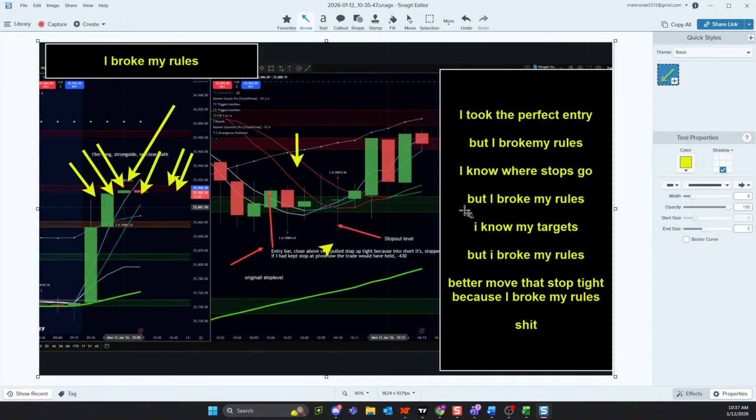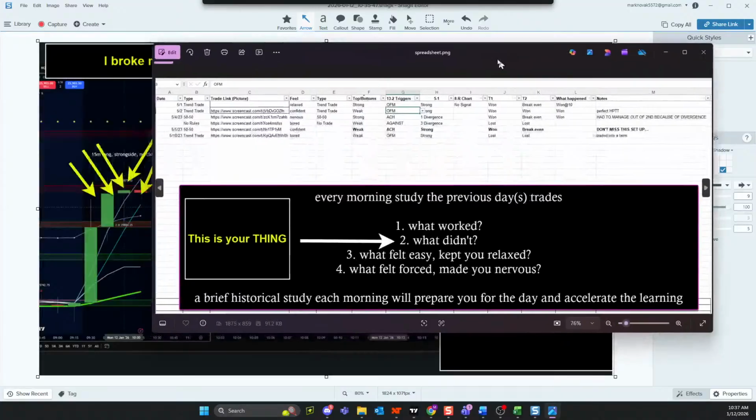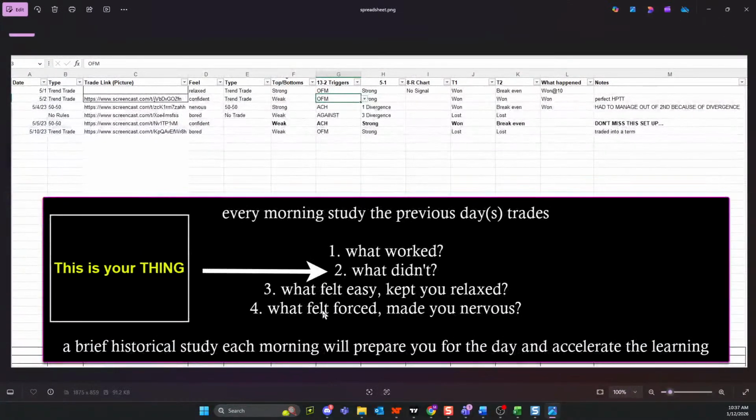And guys, that's a very real thing. And Paul, I'm not suggesting that I can tell you what you were thinking during a trade. But when you break your rules, you're more likely to mismanage a trade. When you say to yourself, I shouldn't have done that, trades feel forced.